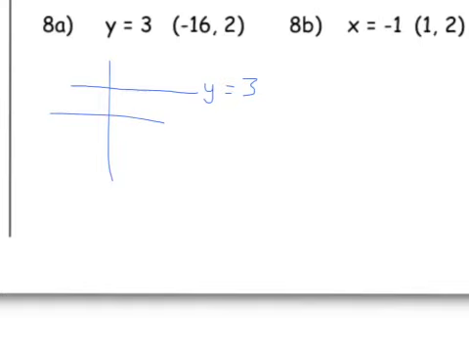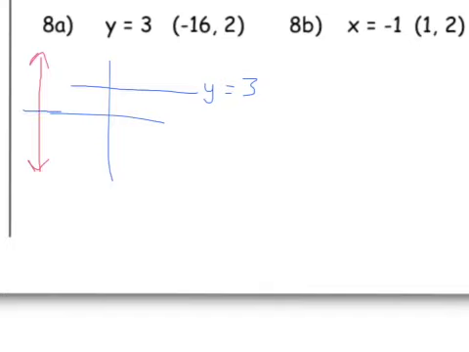And if it has to go through this point, it means I need to go back 16 on my x-axis and up 2. So the point would be somewhere over here. So I'm going to draw a vertical line to represent that. Okay. And the question is, where does it cross the x-axis?